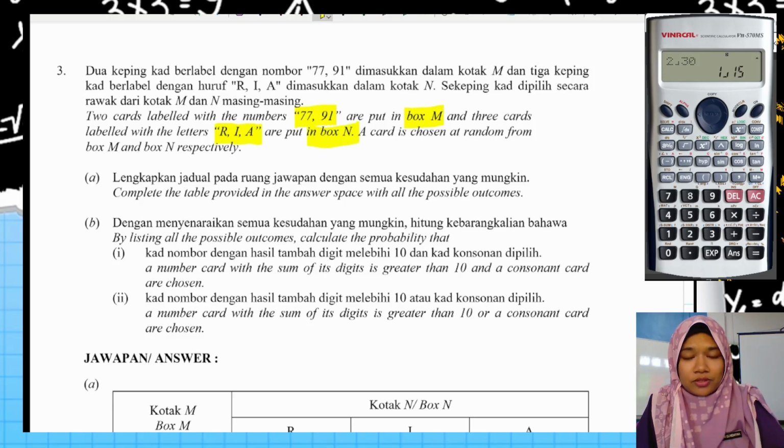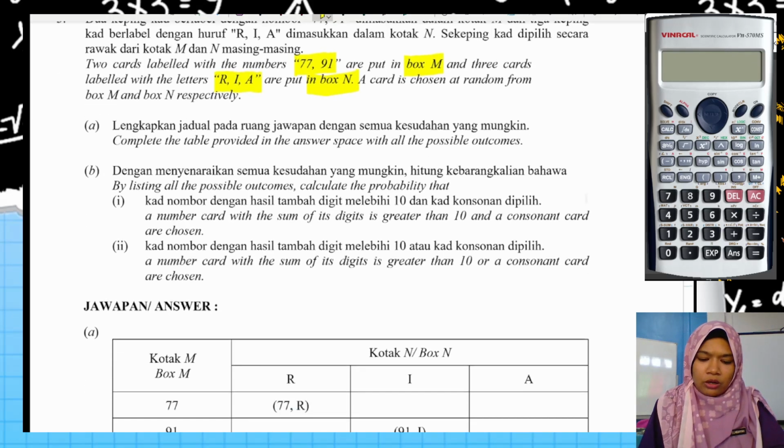So ada berapa box? 2 box. Box M and box N. Alright. A card is chosen at random from box M and N respectively. So ambil daripada M and then ambil daripada N.